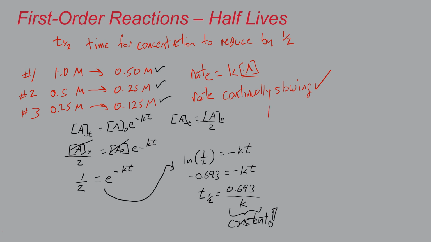But there is also, for each successive half-life, less of A to react. So the reaction is slower, but there's less stuff to work on, and these two factors happen to exactly cancel, making the half-lives exactly the same time.